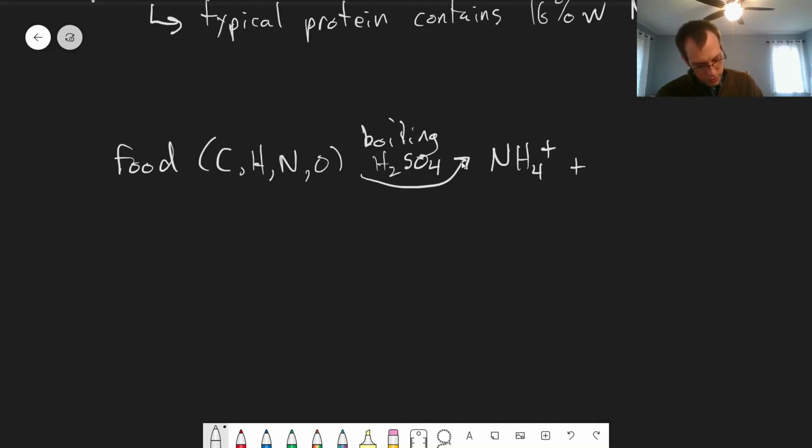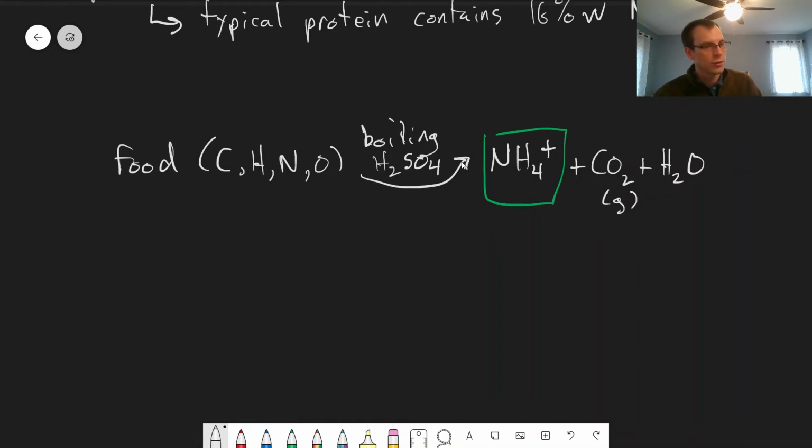All of your carbon will react to form CO2, and all your hydrogen will form water. So one of these is a gas that's just going to leave as your food gets boiled. One's water, which is not an acid or a base, and so we only have one thing. We have all of our acid that's present, but all of our nitrogen gets converted into this NH4+ form. So we can keep track of it that way.